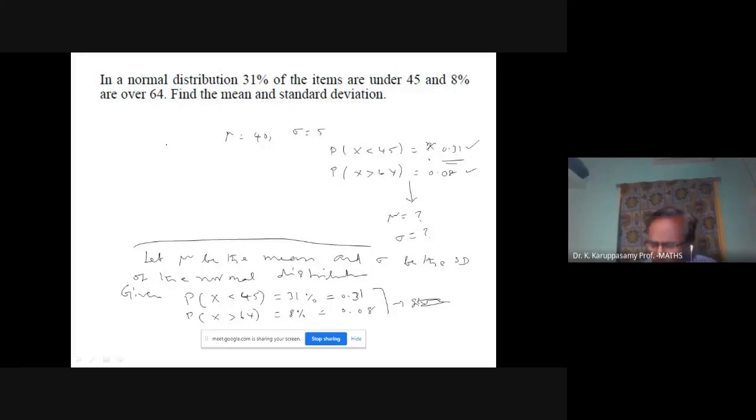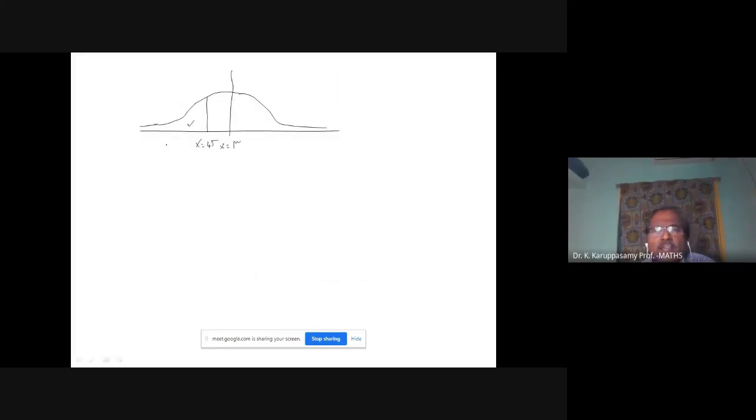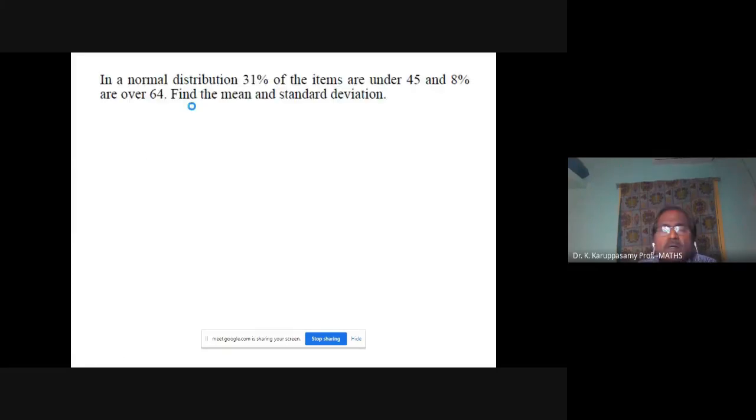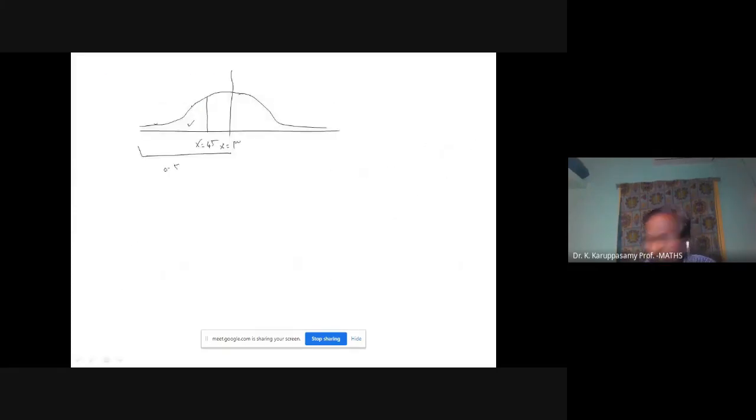Up to the center point, the probability is 0.5. So up to this point, the probability is 0.31, and I can write that number in the diagram itself.